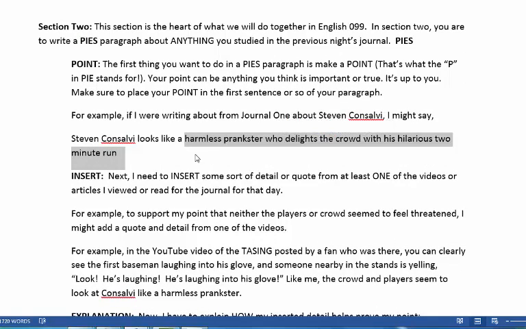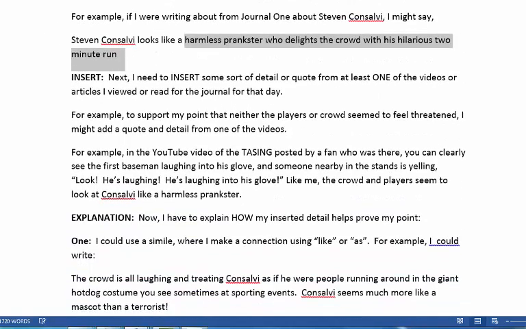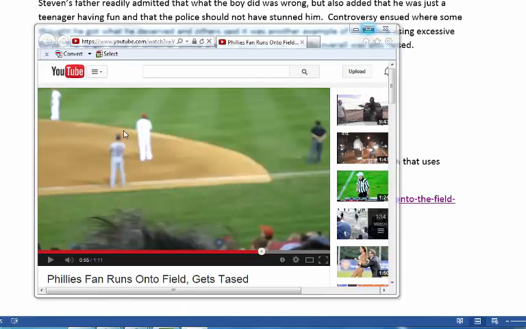If my point is Stephen looks like a harmless prankster who delights the crowd, again, I got to pick something out from what I saw and read to support that, and I could pull out this idea that the first baseman's laughing into his glove, and that someone behind him says, quote, "he's laughing into his glove."